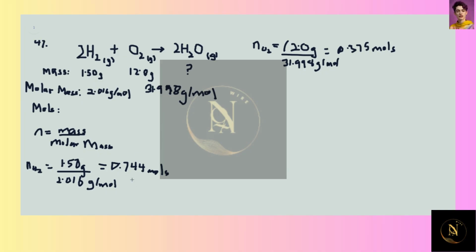Dividing 0.744 by 2 gives us 0.372 moles of hydrogen for 1 equivalence.